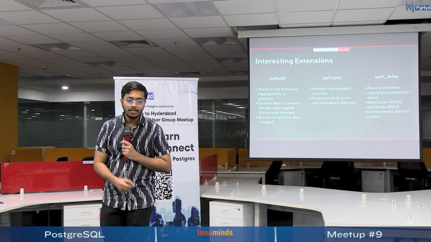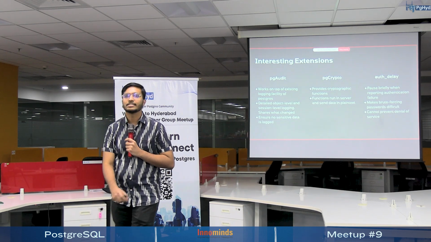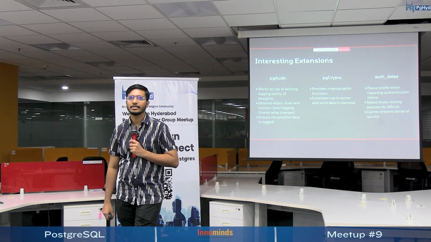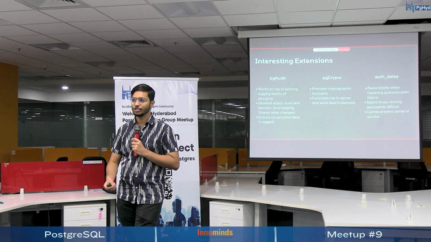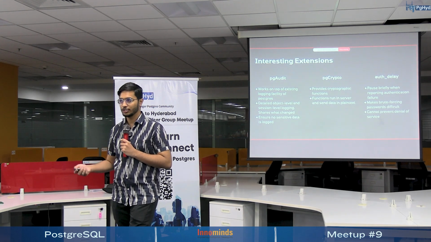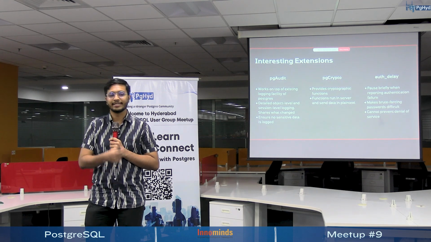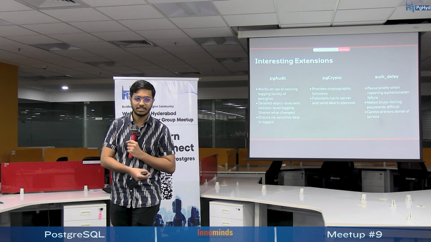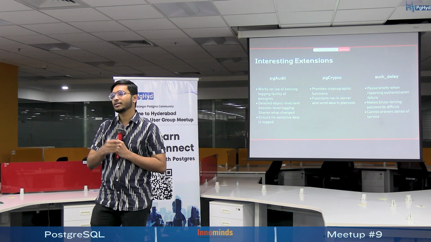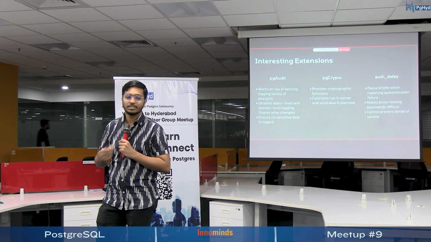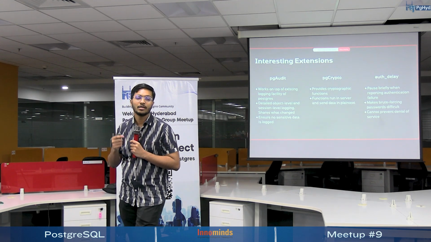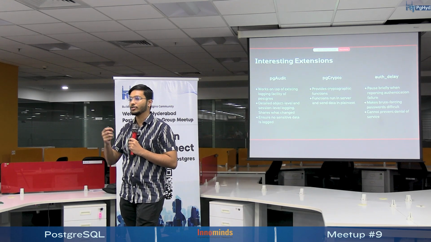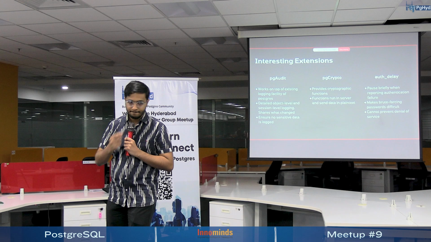PG Crypto. PG Crypto is an extension that gives you access to some cryptographic functions. If you want to hash something at database level, you can use PG Crypto. If you want to encrypt something, you can still use PG Crypto. The only downside that I think about this extension is that the functions are running in the server, those cryptographic functions, not your database functions this time.